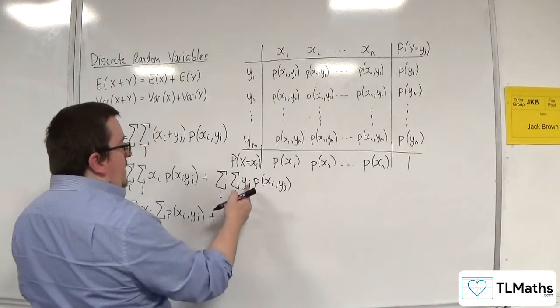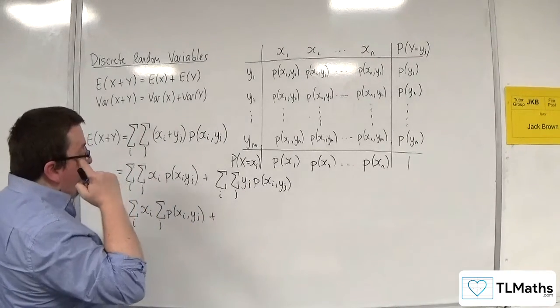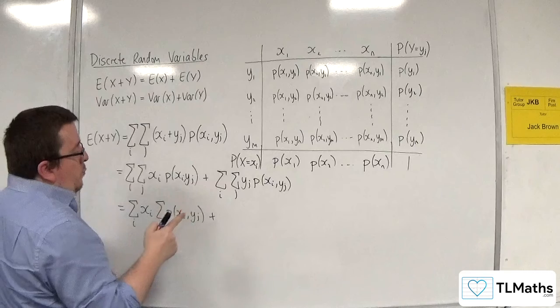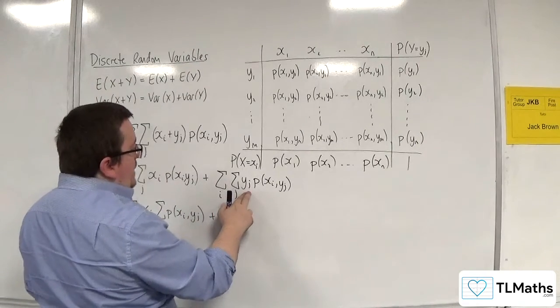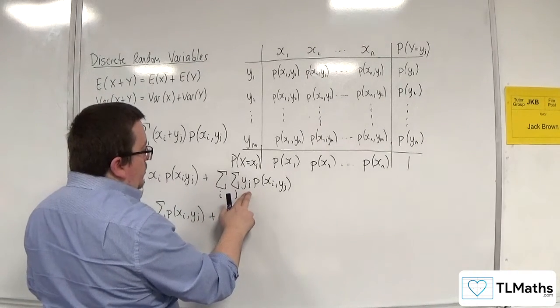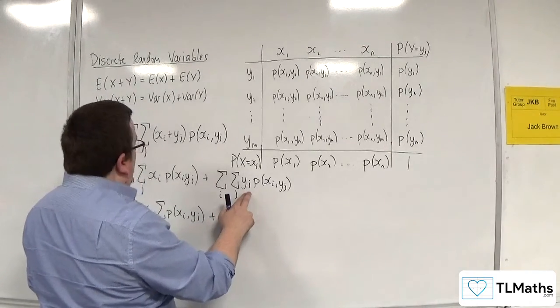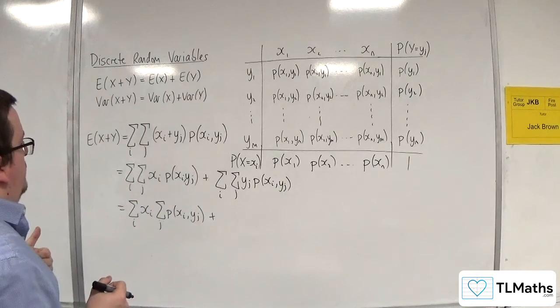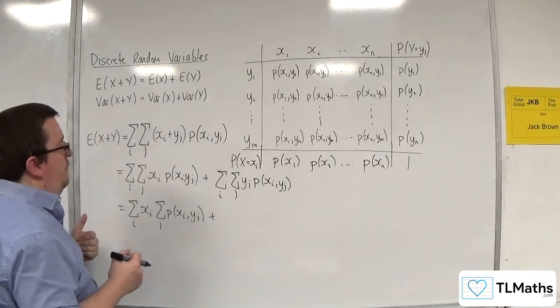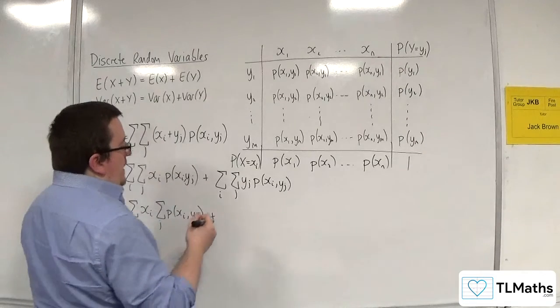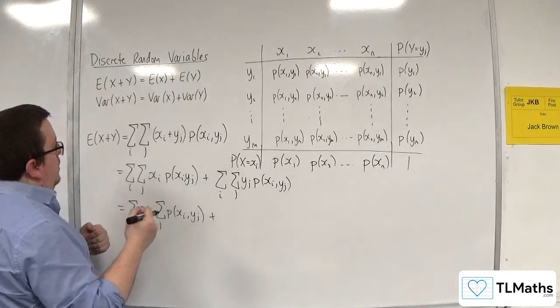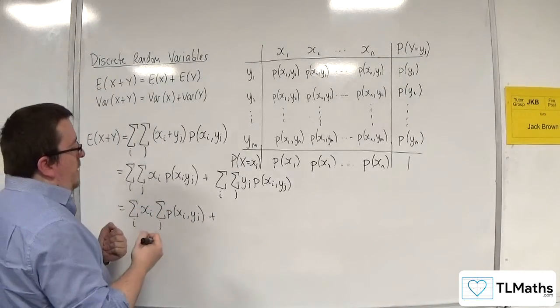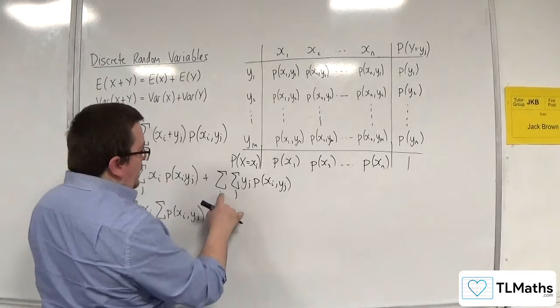And likewise here, because I've got the yj there, I can't really pull that out. But what I could do is just reverse the summation symbols that I've got there.